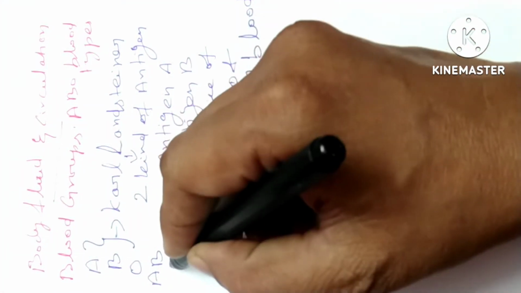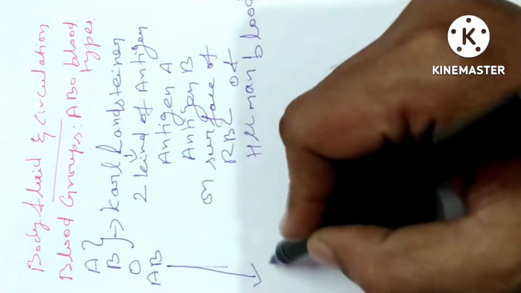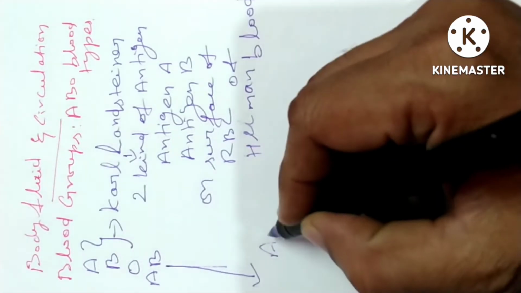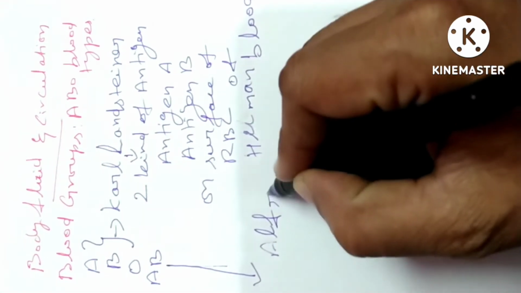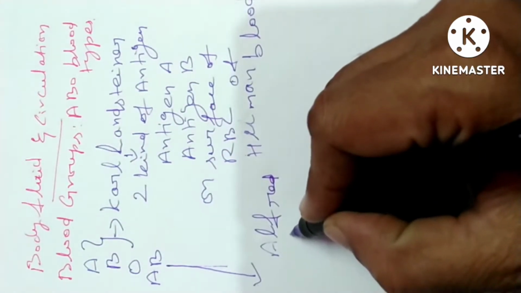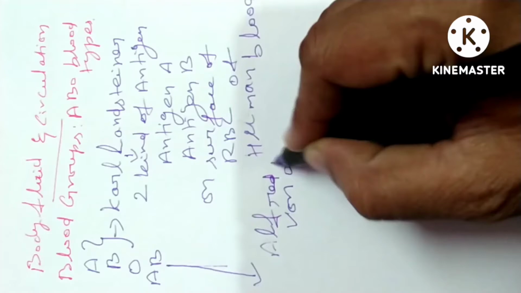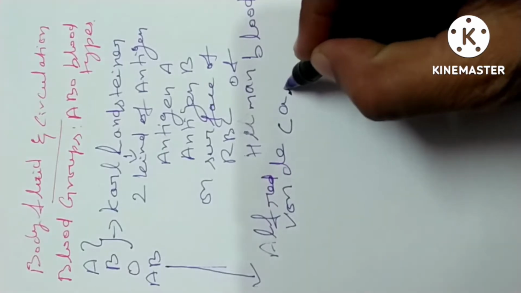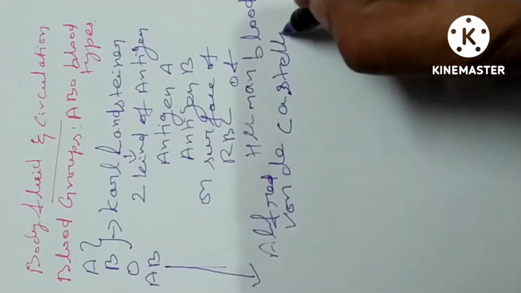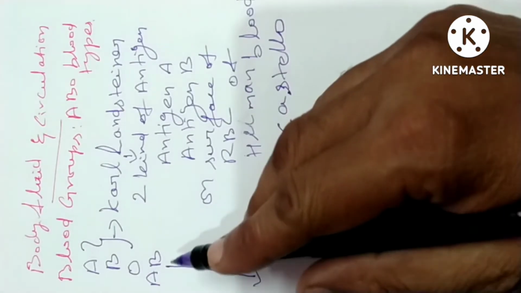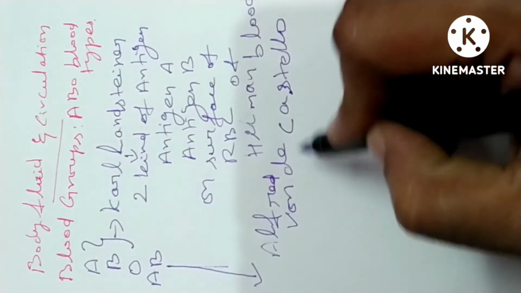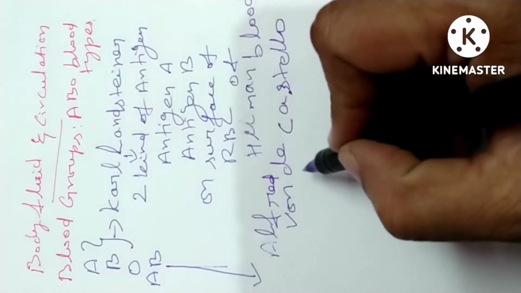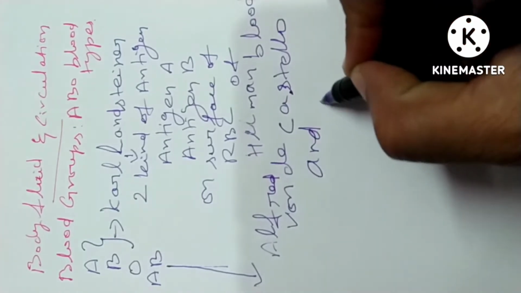The AB blood group was discovered by Dr. Alfred von Decastello and Sterling.